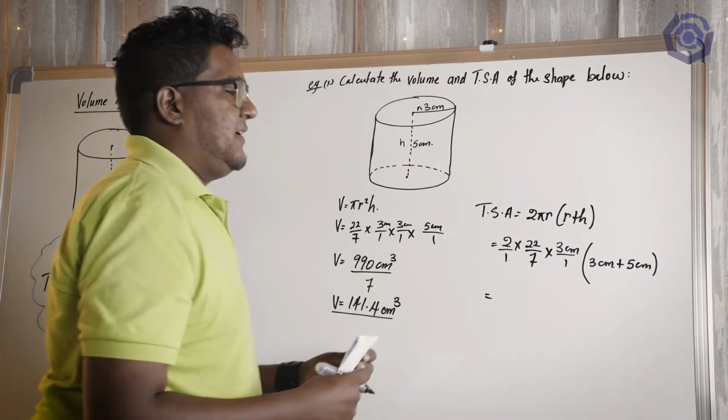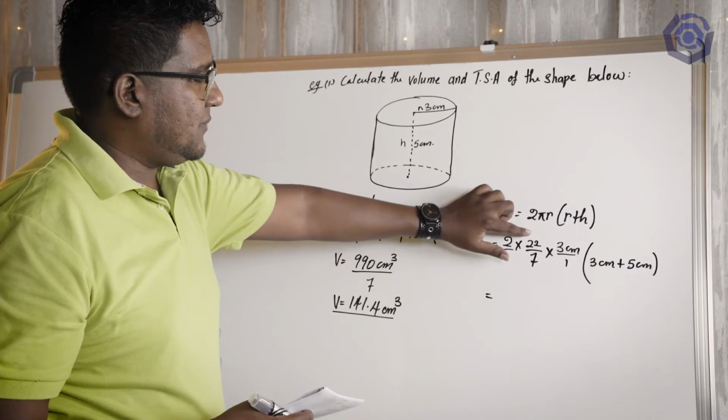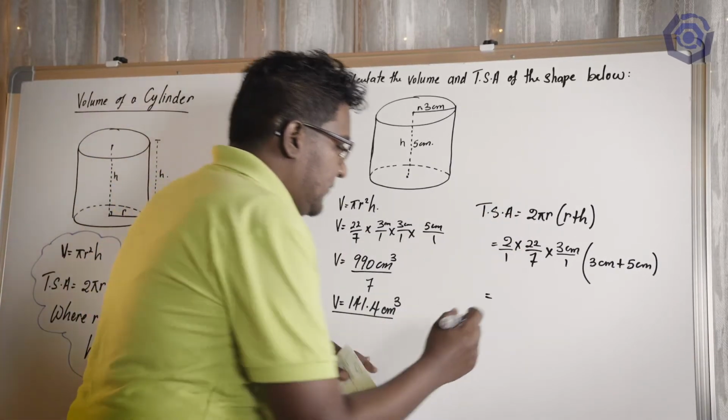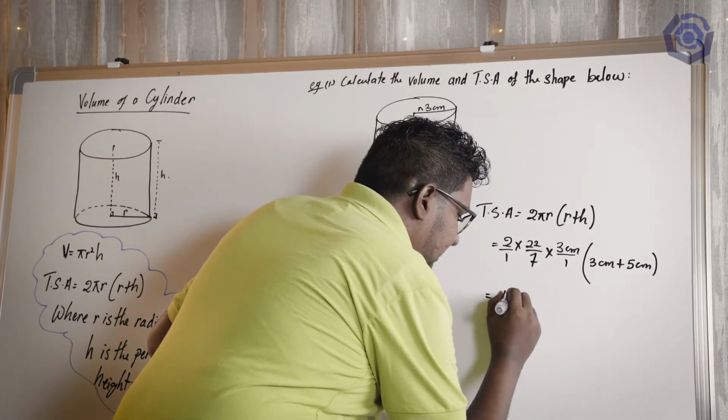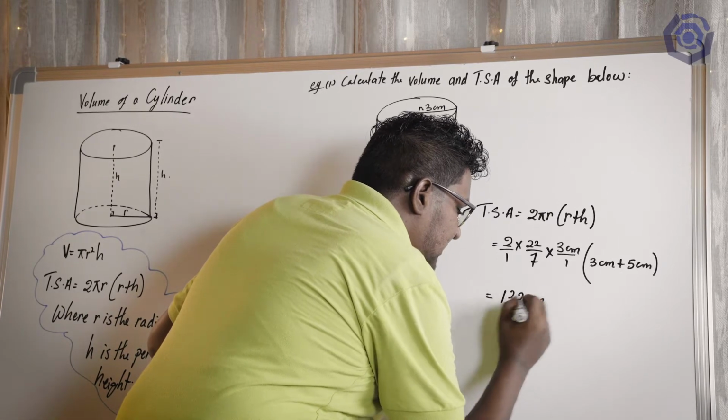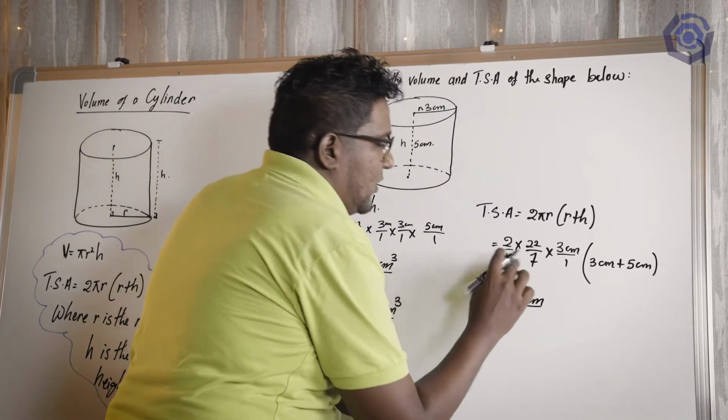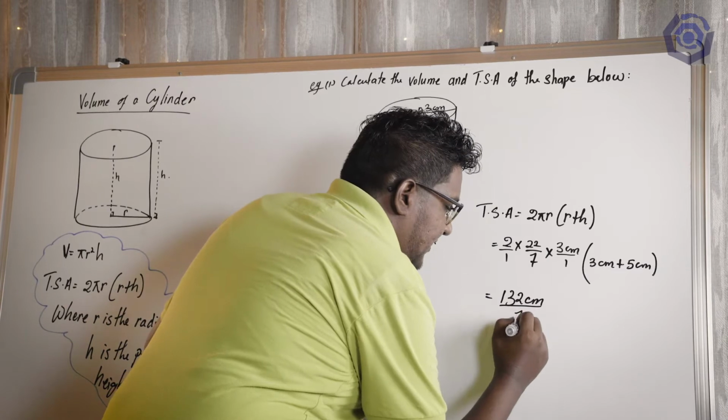So let's start simplifying. You have 2 times 22 times 3, which is going to give me 132 cm, divided by 1 times 7 times 1, which is 7.